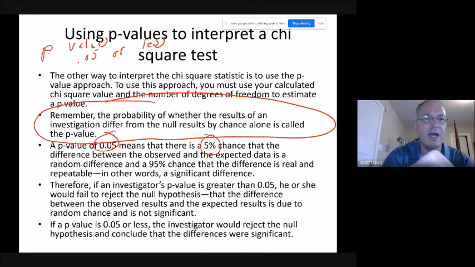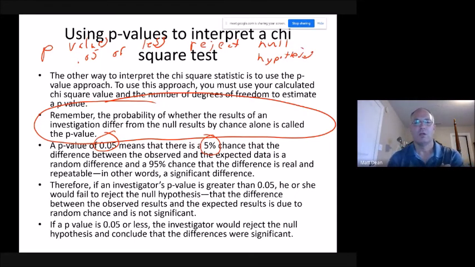So anytime you have a p-value of 0.05 or less, you're going to reject the null hypothesis. That's important to know.